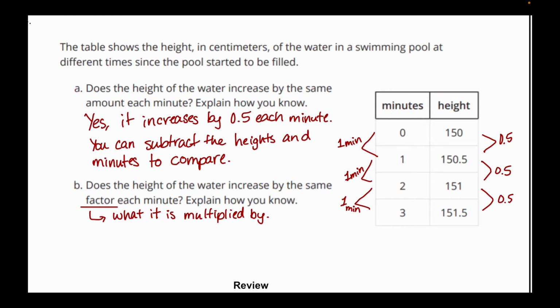The difference here is being 0.5 in 1 minute, and a common factor at the same time. So we should not be increasing by the same factor each minute. We can check this by dividing. So instead of these being subtracted, we can say 150.5 divided by 150, and then 151.5 divided by 151.